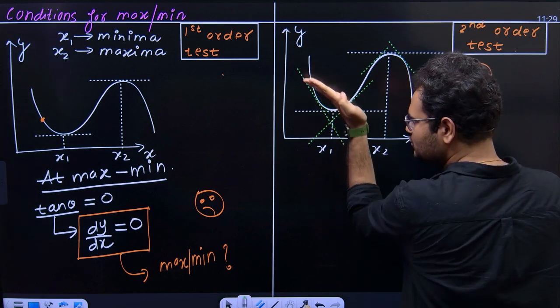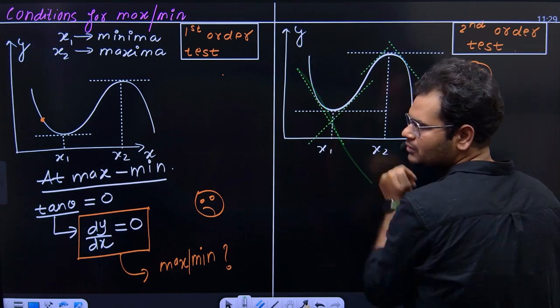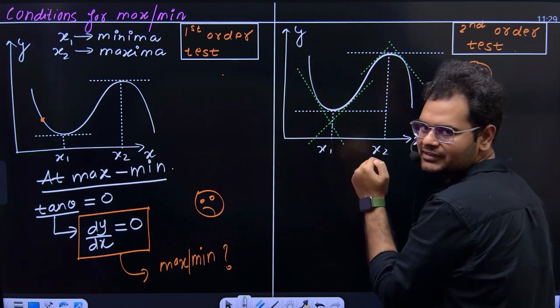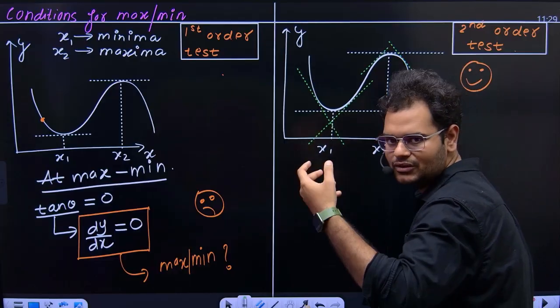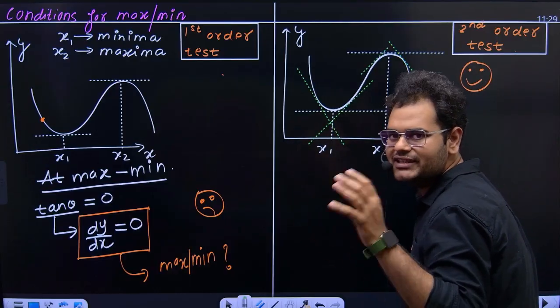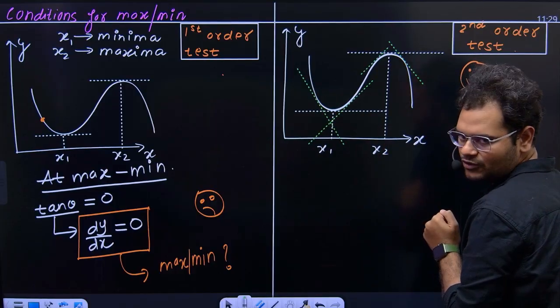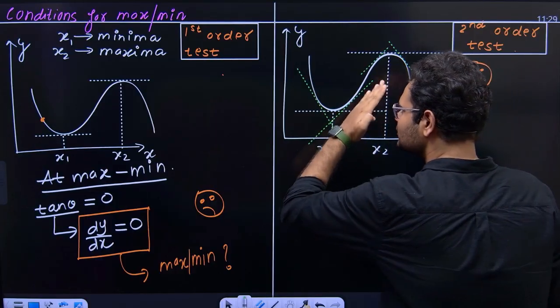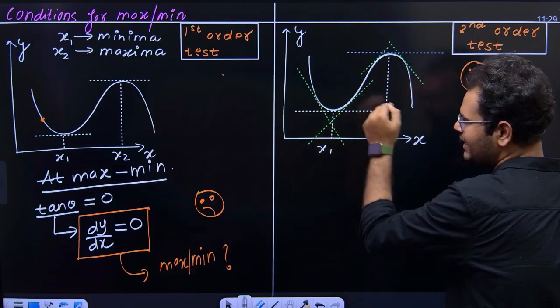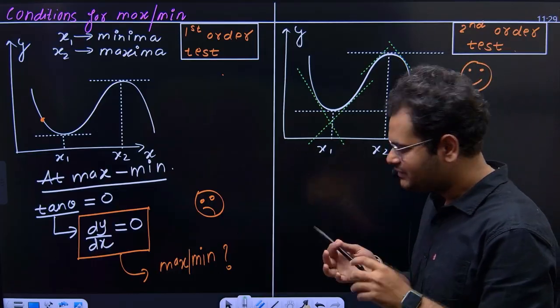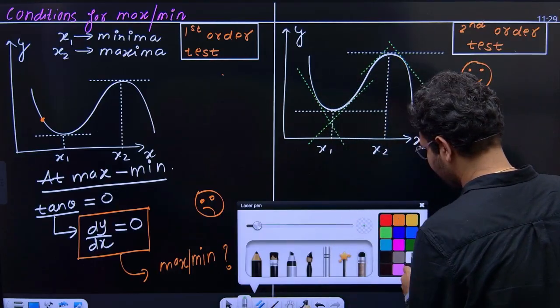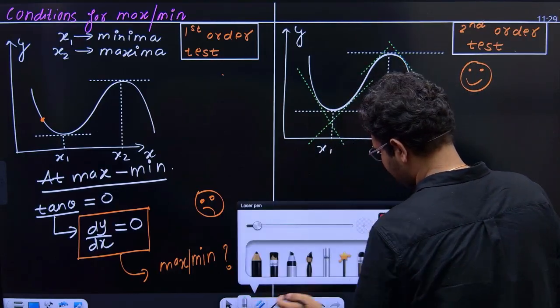Can you see that the slope of tangent is negative? Because angle is obtuse, tan theta is negative in the second quadrant. Similarly, exactly at minima, slope is what? 0. Then just after minima, slope is what? Positive, because angle is what? Acute. What I said, let us write.